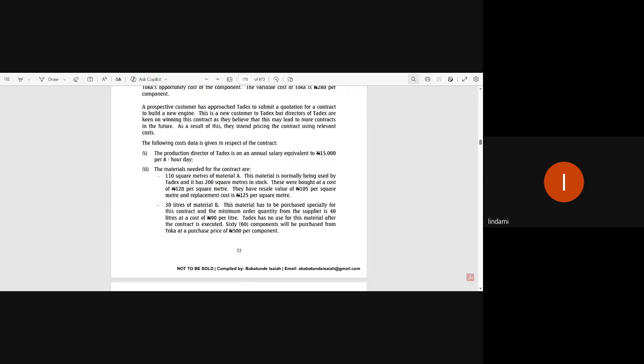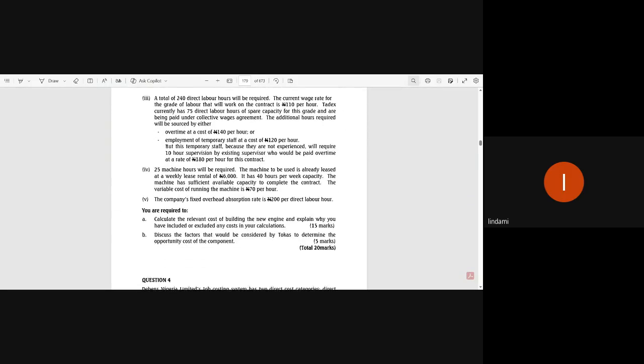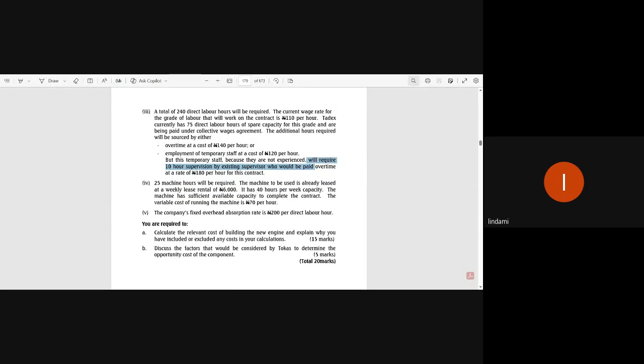The additional hours required will be sourced by either overtime at a cost of 140 naira per hour, or employment of temporary staff at a cost of 120 naira per hour. But this temporary staff, because they are not experienced, will require 10 hours of supervision by an existing supervisor, who would be paid overtime at a rate of 180 naira per hour for this contract.